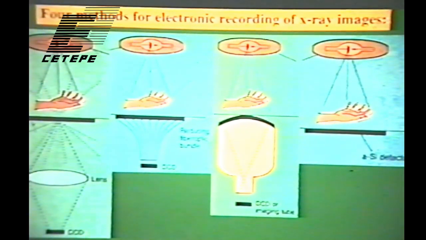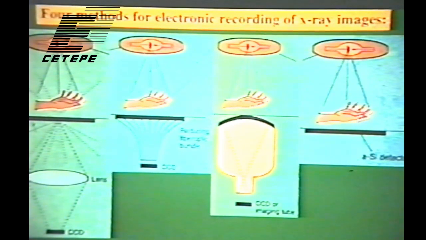And then there are the flat panel arrays that I mentioned that are coming into use now. They haven't really caught on in the States because the spatial resolution is significantly worse than film. But in Europe, they're very common already. I don't know if they are here in the clinic. They will eventually replace film, I think, but they haven't yet because film has resolution on the order of microns, single-digit microns, like 1.